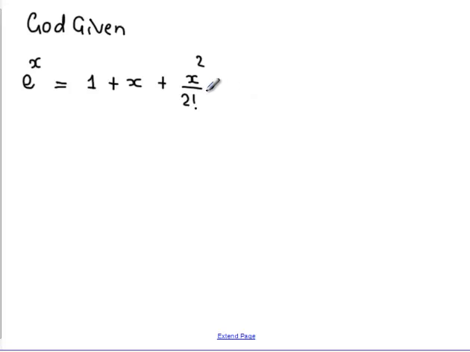I will explain immediately what I mean by 2 factorial. I know that you don't know that. Plus x to the power 3 over 3 factorial plus x to the power 4 over 4 factorial plus dash dash dash. That continues. This is God-given.